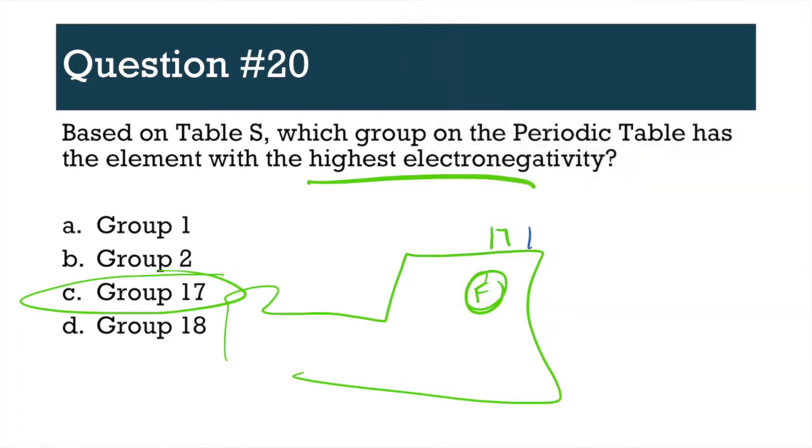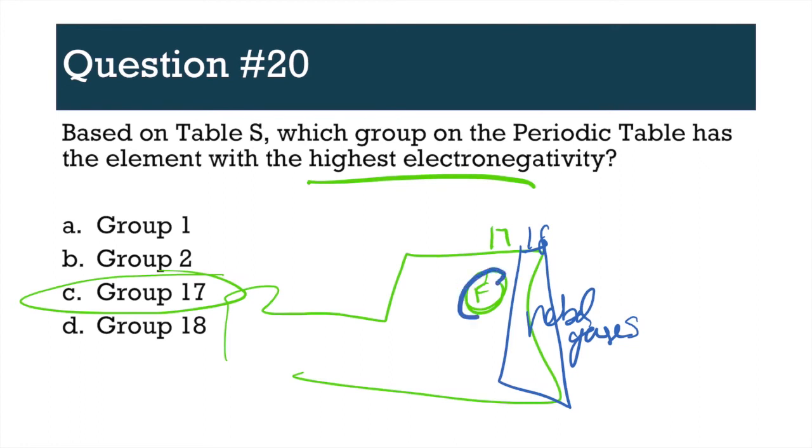Group 18 are your noble gases. They don't have electronegativity values because they don't want electrons, as they already have a full valence shell. You need to remember the highest electronegative atom is fluorine. That needs to go into your head, and that's how you would do number 20.